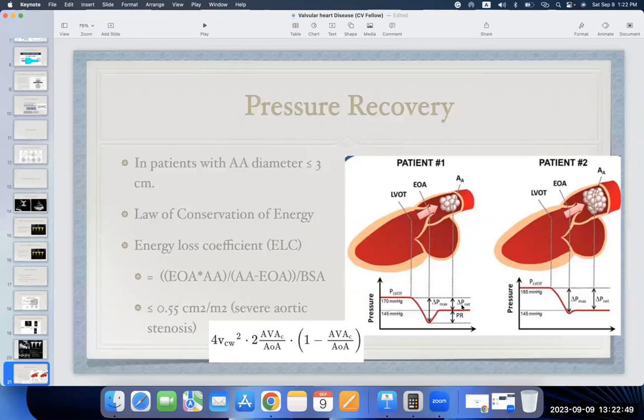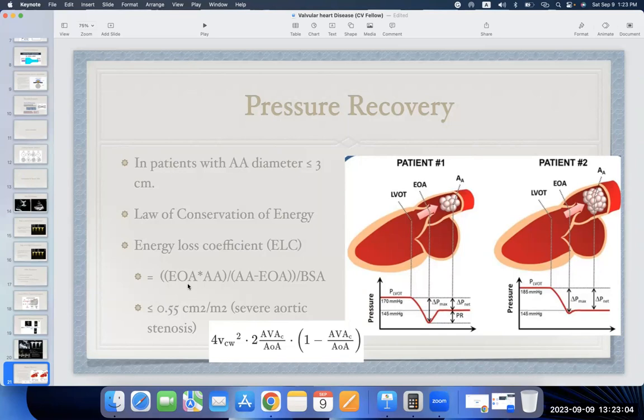That is the pressure in the ascending aorta, which is what is important for us. The other way is to use the energy loss coefficient, which is a simpler way. I think most people will not use this in clinical practice, but they will use it in patients with a small aorta. It's very simple.